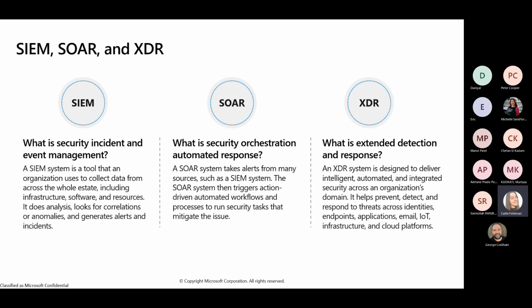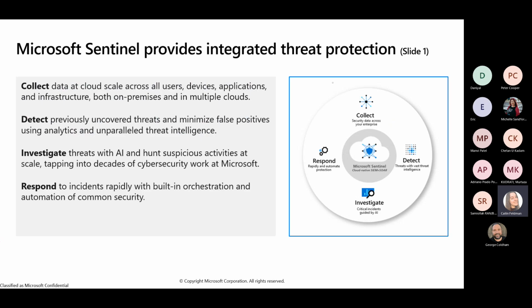So I explained SIEM, SOAR, and XDR. So moving on though, we have Microsoft Sentinel, which is the integrated threat protection. This diagram shows the end-to-end functionality of Microsoft Sentinel. So first, it collects data at cloud scale across all users, devices, applications, and infrastructure, both on premises and in multiple clouds.